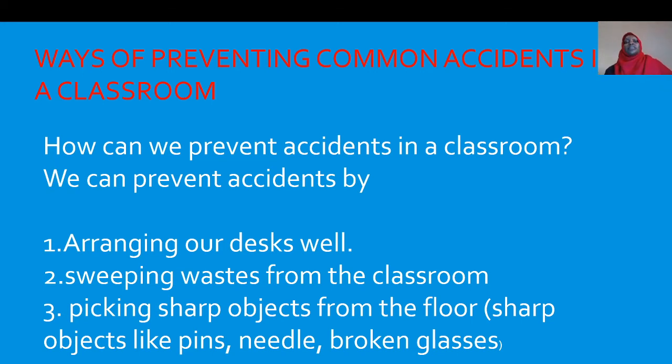What will happen? Someone will come and step on that banana peel, and that someone may fall. If you just throw things on the floor and they make someone lose their step, that someone will fall. So sweep the waste, ensure that the waste is all in the dustbin. Number five, pick sharp objects from the floor.